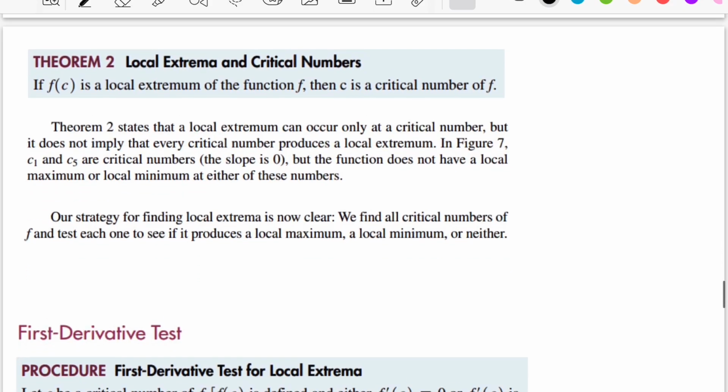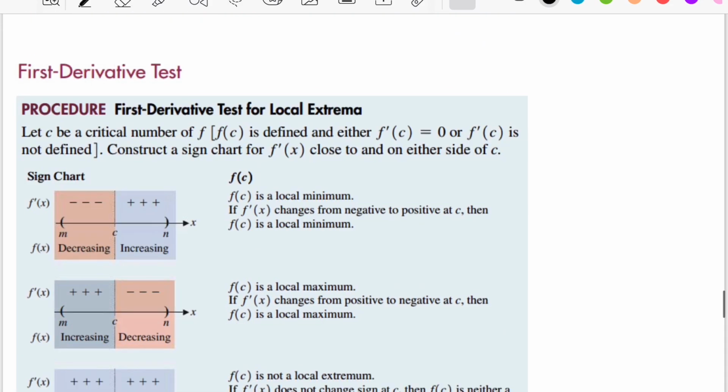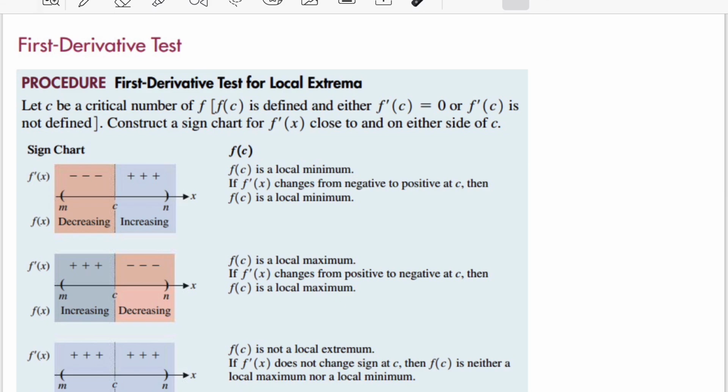So this brings us to the first derivative test here. If we let c be a critical number of f, we're going to construct a sign chart for f prime of x close to and on either side of our critical number c. So we have a few cases here.